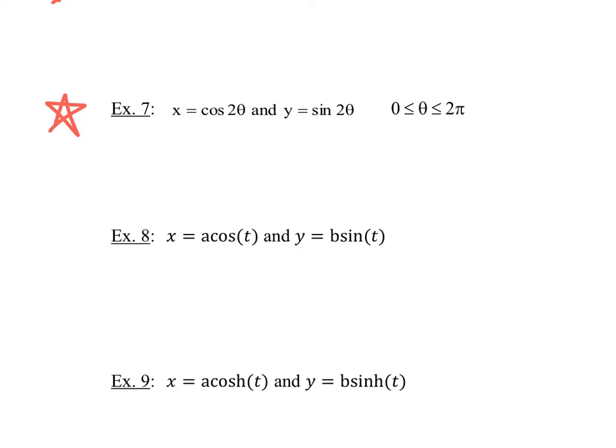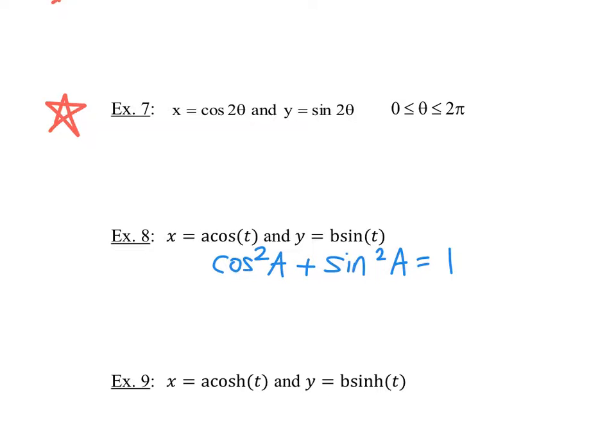So, for number 8, we have coefficients a and b in front of the trig function. So again, I know that cosine squared theta, but I'm going to use a, plus sine squared a is equal to 1. That I know.